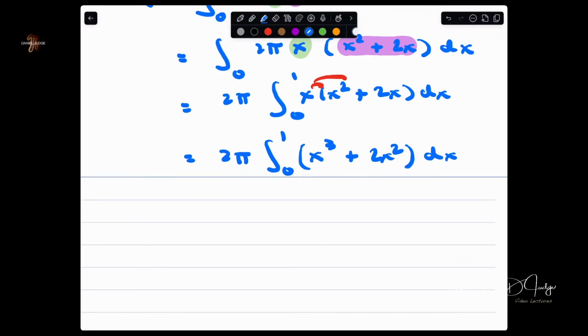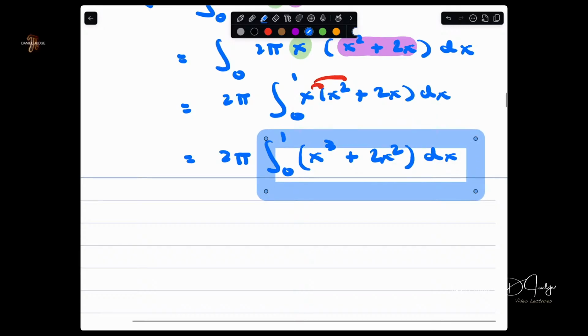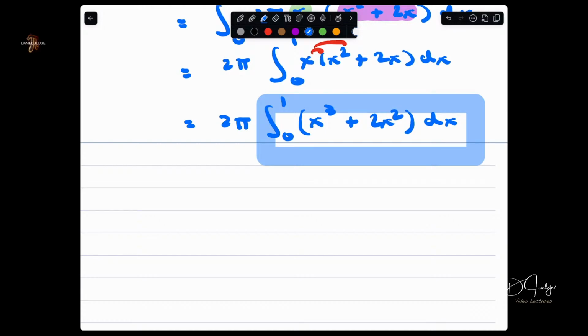So let's keep everything here. 2 pi times 1/4 x to the 4th plus 2x cubed over 3, evaluated from 0 to 1.